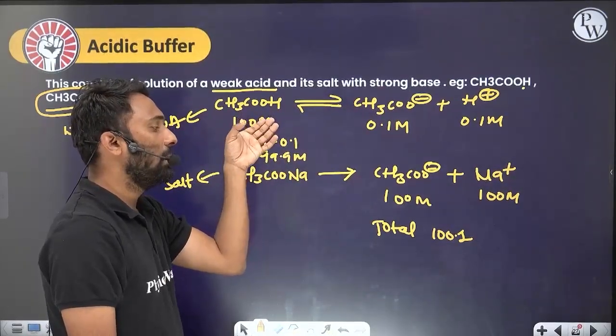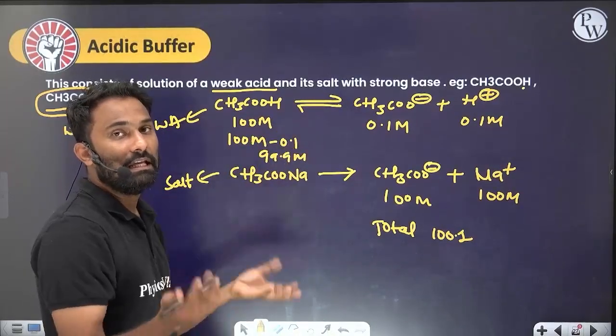Equilibrium will shift towards the backward direction to make the equilibrium stable, okay.